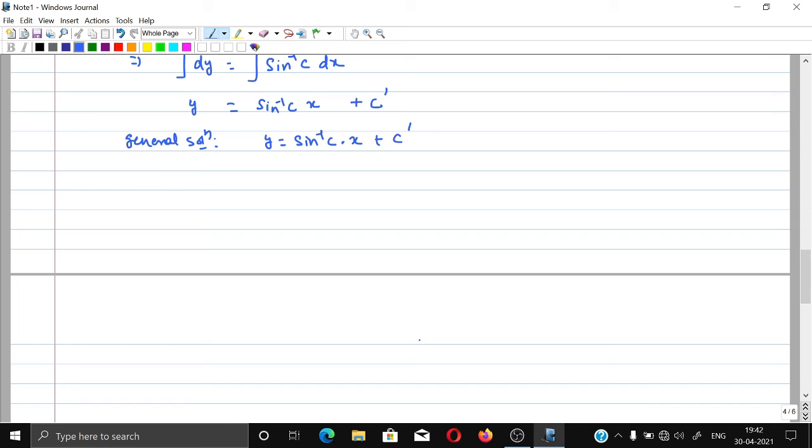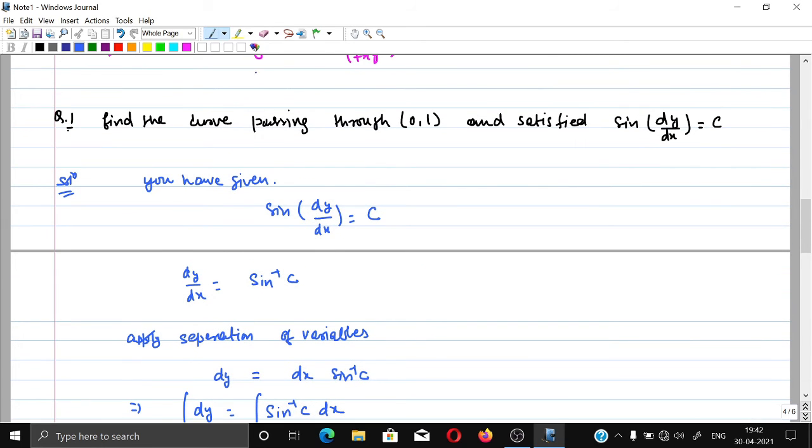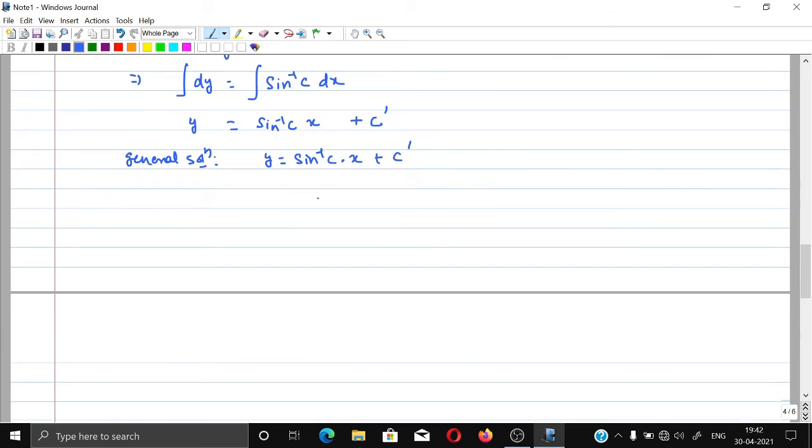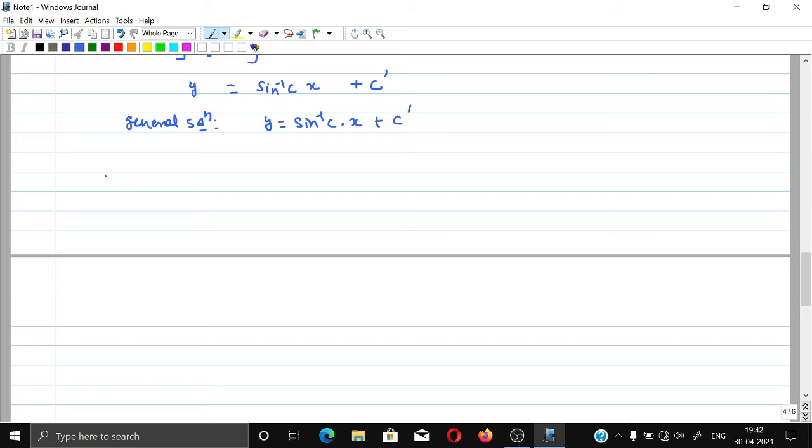In the question, what is given is that this curve is passing through (0, 1).